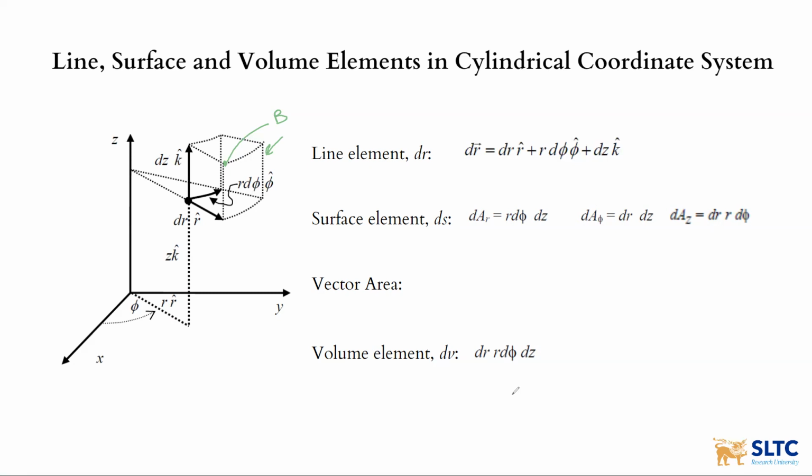What is the smallest distance that we can travel along R? dr, right? Dr is correct. And then what is the smallest distance we can go along the phi angle? Now that is a little bit tricky. Phi is an angle, so keep that in mind. Once we are going a very small distance along the phi direction, we are going along an arc.